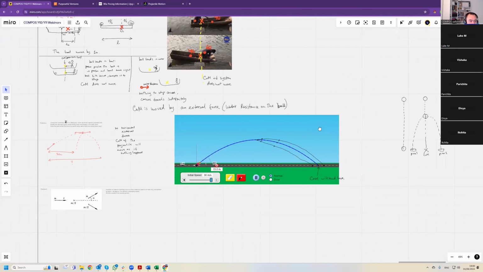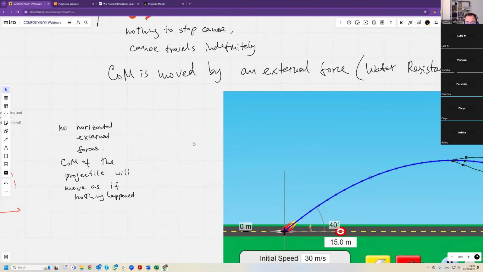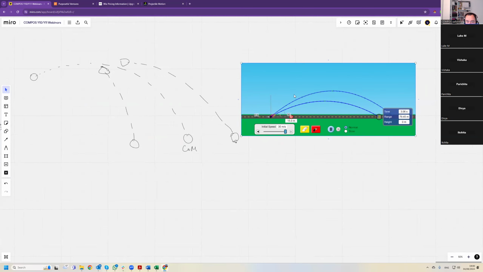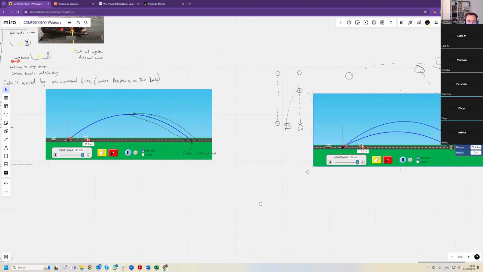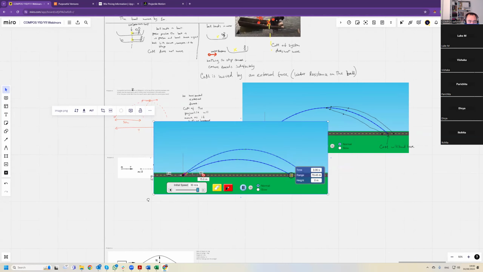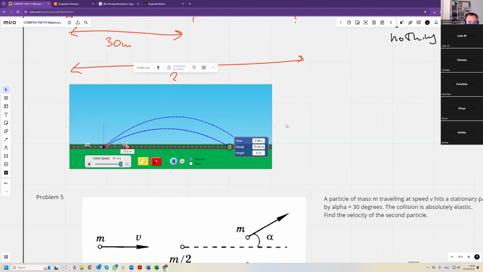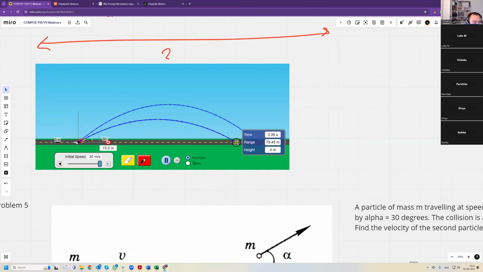So we know that one piece lands 30 meters from the launch point.